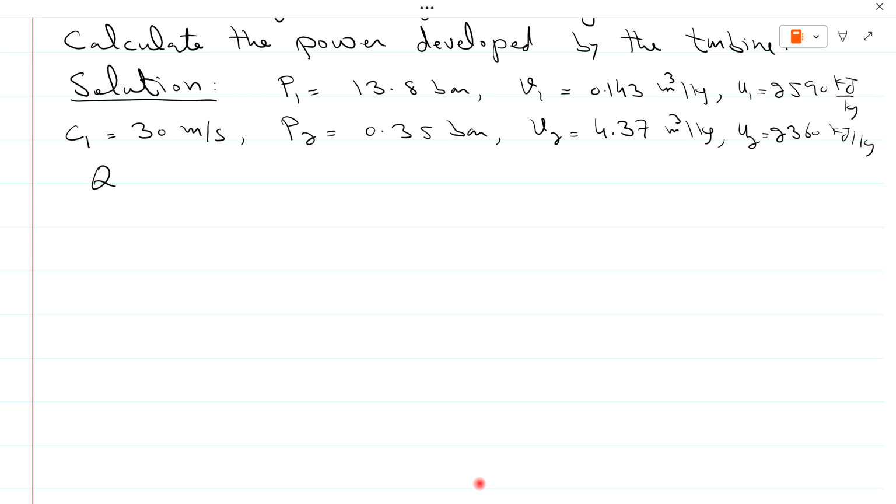Heat rejected. C2 is equal to 90 meter per second. Heat rejected is equal to minus 0.25 kilowatt.